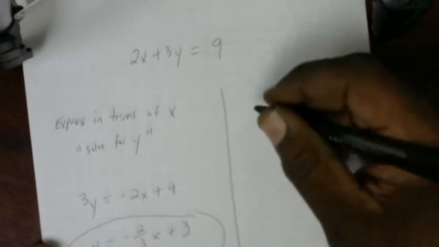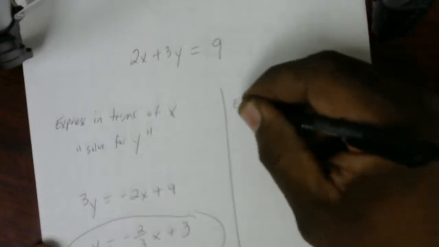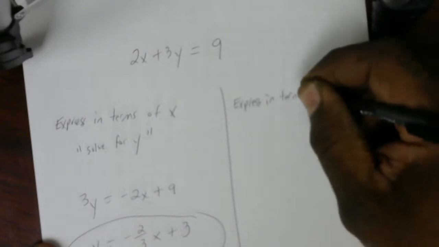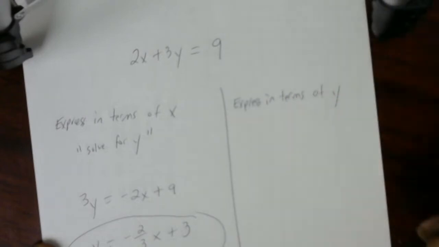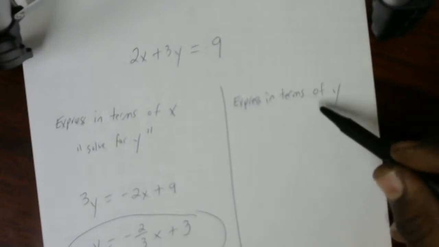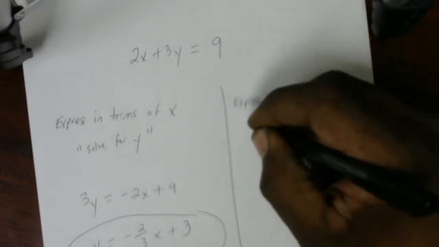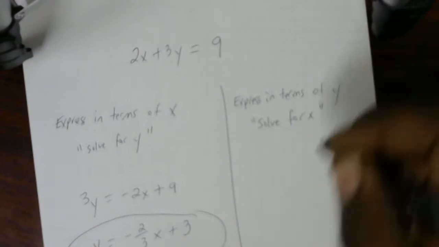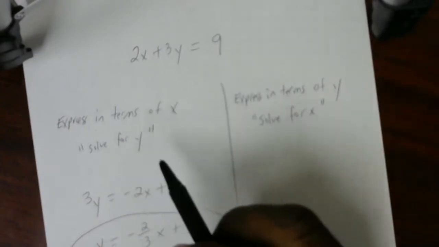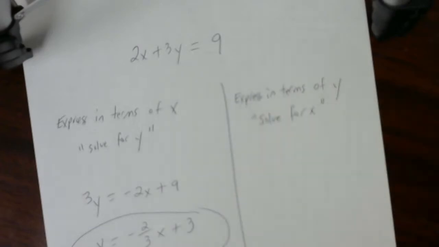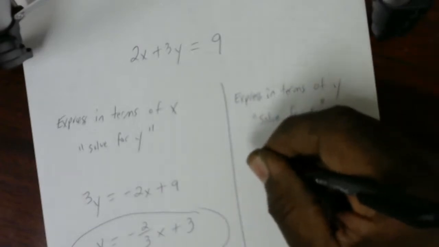Now I'm going to take the same function and we're going to express it in terms of y. So in a nutshell, to express something in terms of y simply means to solve for x. So if I wanted to solve this for x, I would subtract 3y from both sides.